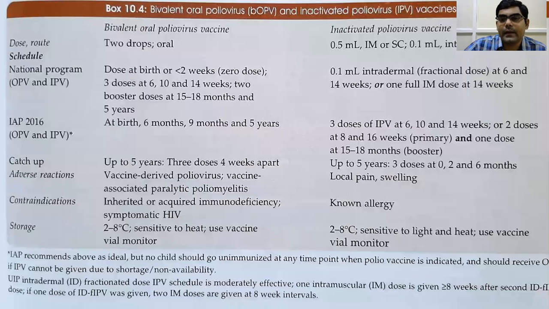What they advise is 3 doses of IPV at 6, 10, and 14 weeks, or 2 doses at 8 and 16 weeks primary, and 1 dose at 15 to 18 months. This is our national immunization schedule, 6 and 14 weeks, and this is done in private. Since it is not 100% protective, they are giving one more dose.